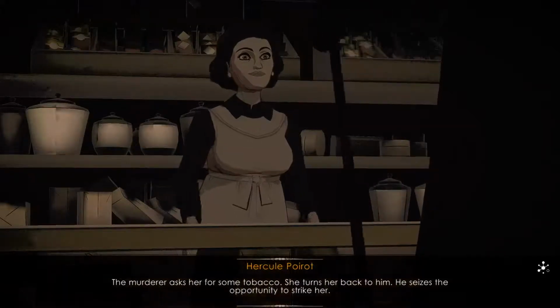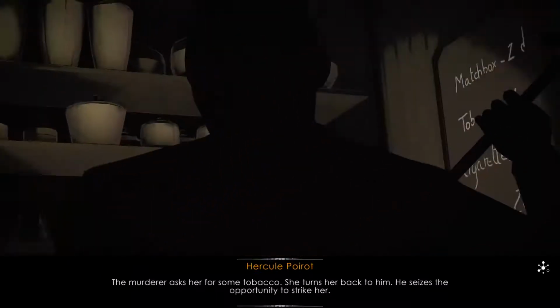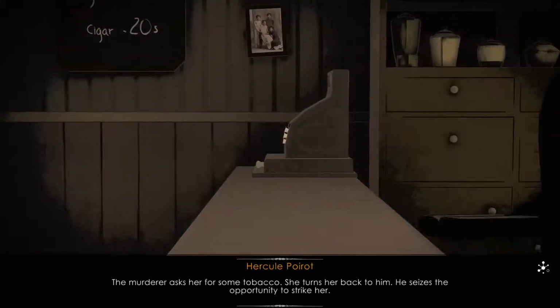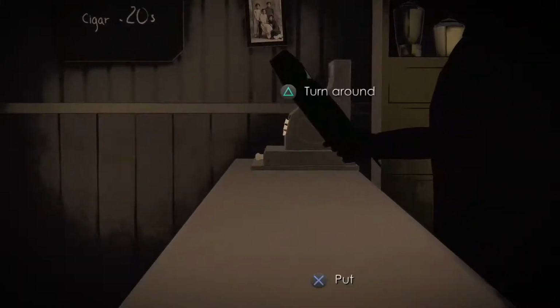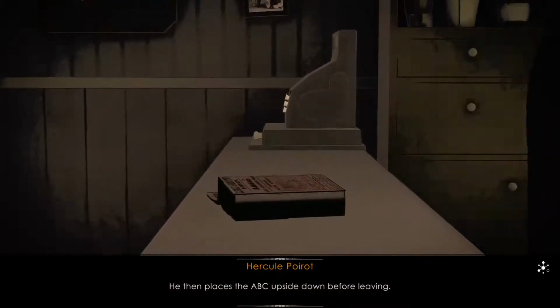The murderer asks her for some tobacco. She turns her back to him. He seizes the opportunity to strike her. He then places the ABC upside down before leaving.